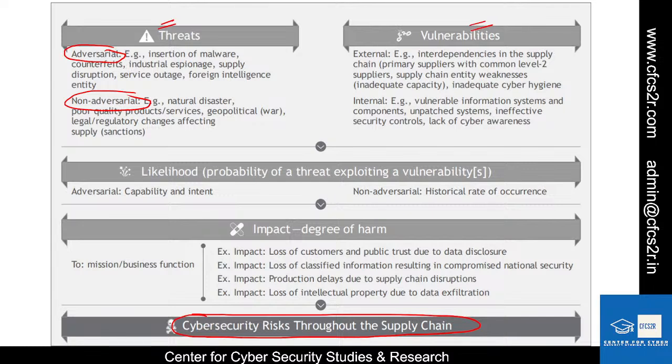Someone has written the malicious code, that's why it is in your system. When some adversary is behind it, it becomes an adversarial threat. And if things happen naturally, it becomes a non-adversarial threat, like natural disaster, poor quality product or service, geopolitical war, or legal and regulatory changes affecting supplies.